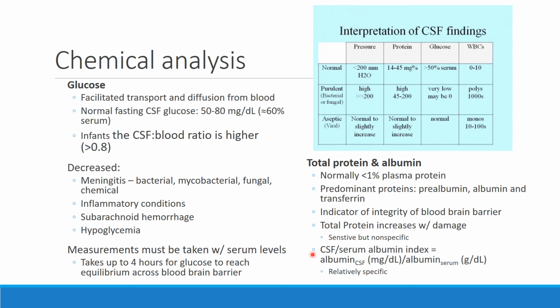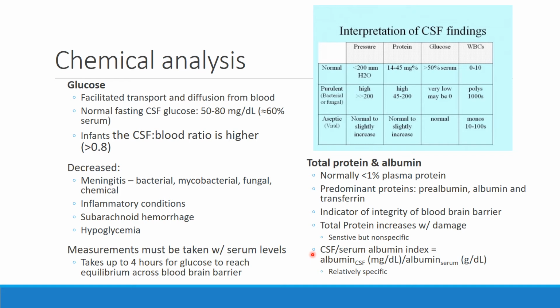It's considerably different amounts. So it's an established ratio that allows us to use these numbers to associate with an amount of damage that we associate with the blood-brain barrier.